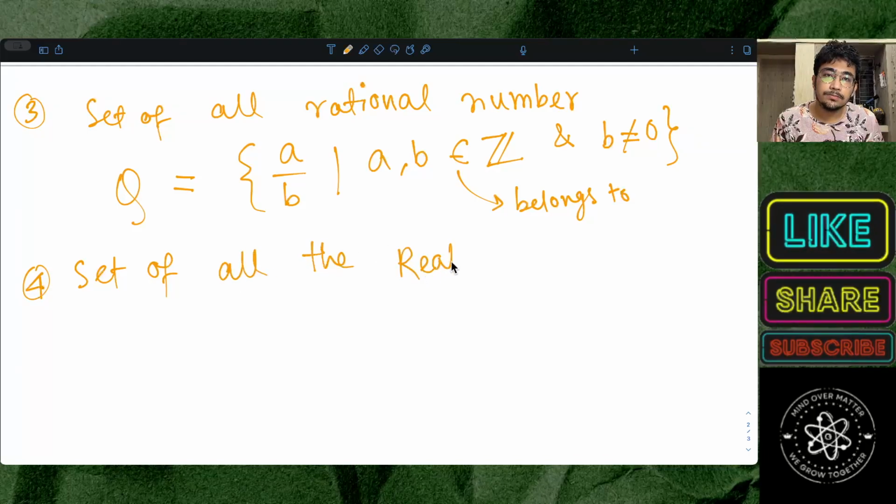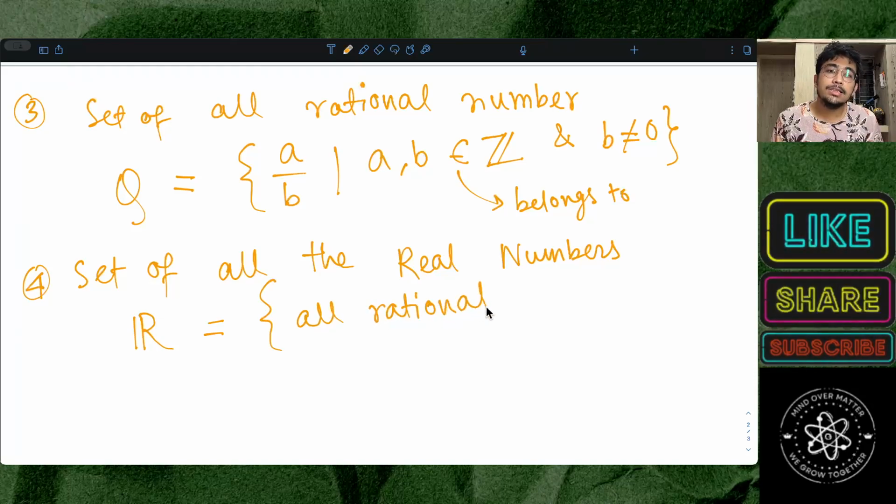Now I will be writing the set of all real numbers. This is denoted by the letter R, and it contains all rational and irrational numbers. All integers are also rational because the denominator is 1, and all the fractions are also rational. Numbers are either rational or irrational; they cannot be both at the same time.